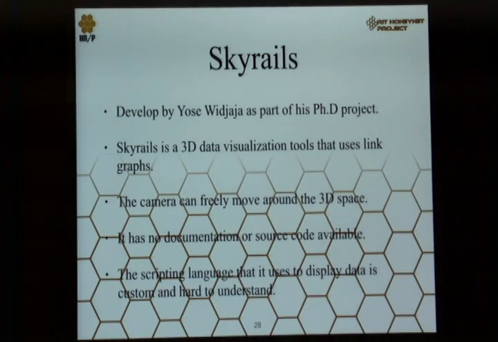What SkyRails does is visualize data in 3D space, and the camera can move freely throughout the space. Unfortunately, there's no documentation for this program, there's no source code available, and the scripting language is custom and quite hard to understand.